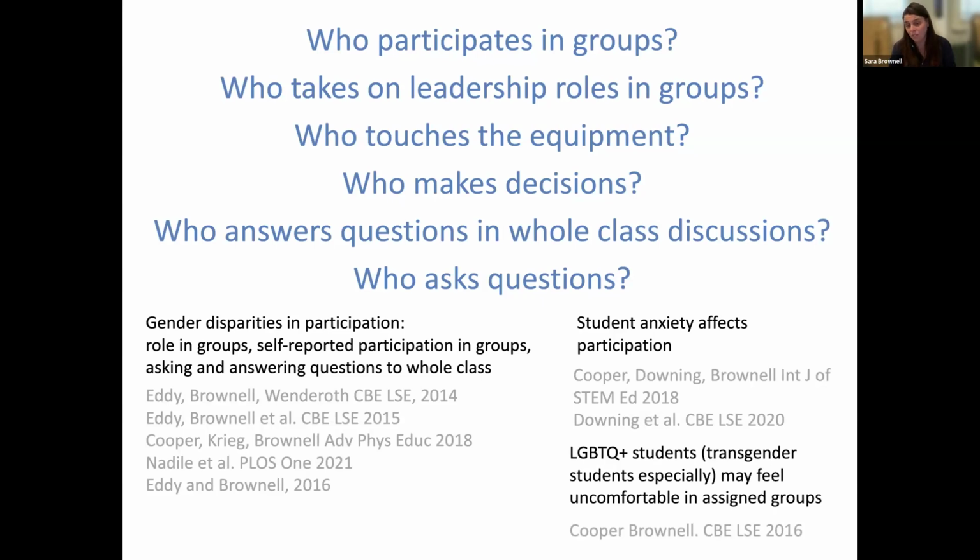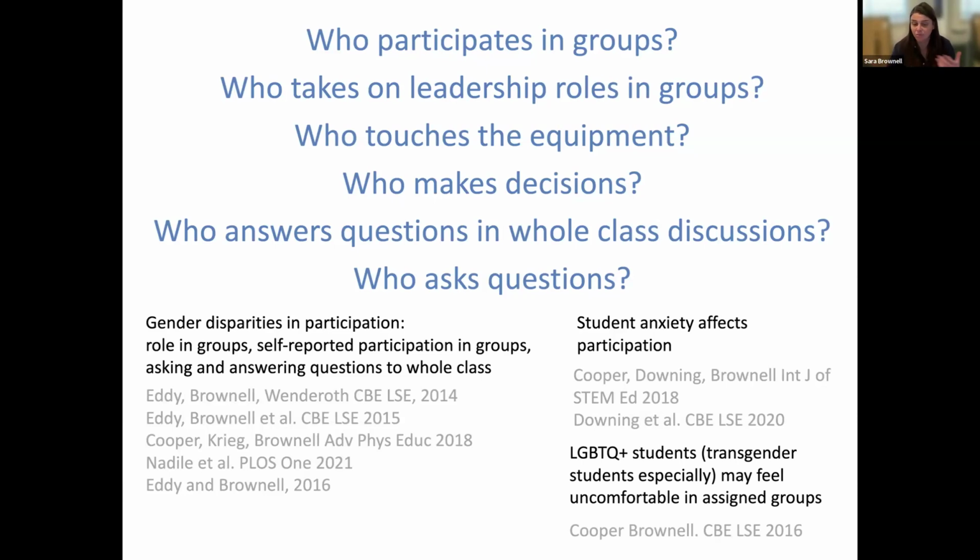We've done work that shows that LGBTQ students, particularly transgender students, may feel uncomfortable in assigned groups because they're misgendered, especially if they're in early stages of transitioning and may not feel like people accept how they feel. They also may be struggling with body dysmorphia in general.